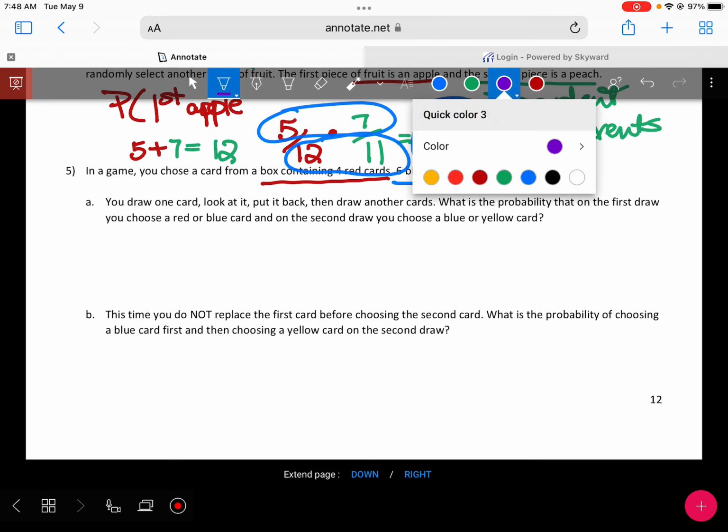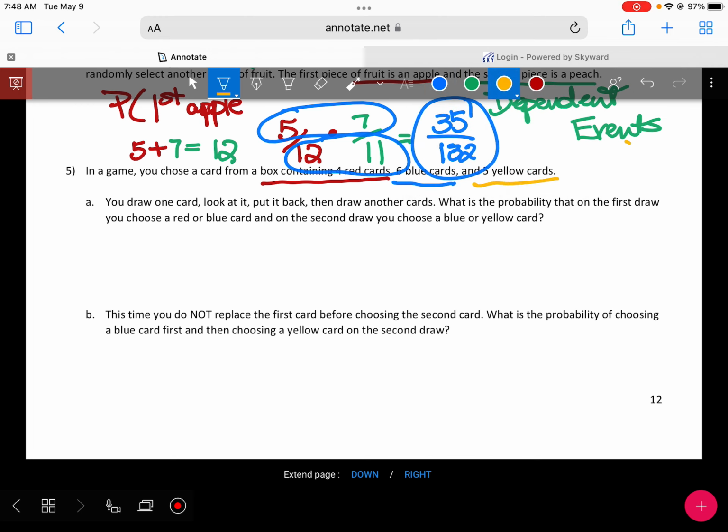Letter A, you draw one card, look at it, put it back, and draw another card. What's the probability that on the first draw you chose a red or blue? Ooh, red or blue. There's or. And on the second draw, you chose a blue or yellow.